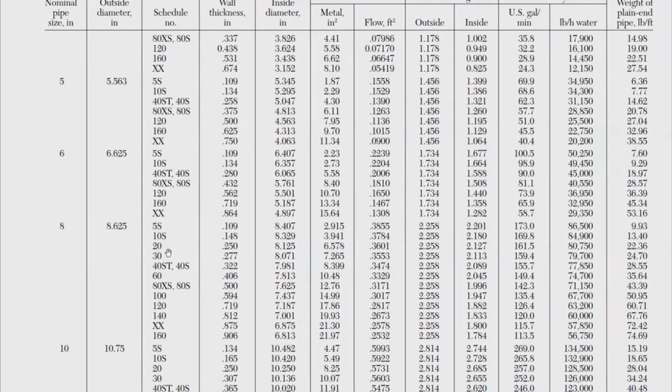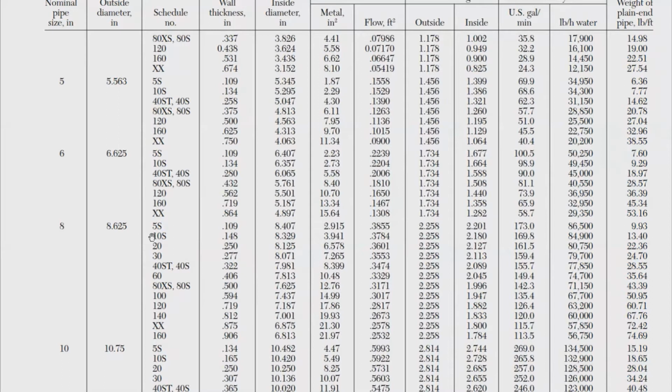S means that it is taken from the ASME standards. The ST here only means that it is standard thickness, something like that. The XS is extra strong. You can also take a look at the footnote after this table to understand the meaning of each abbreviation.